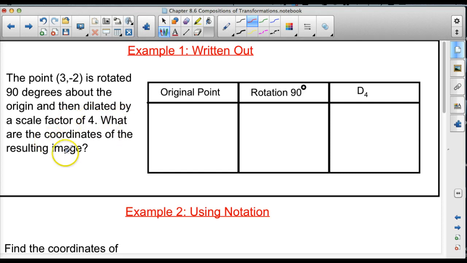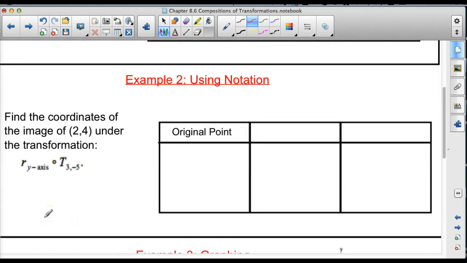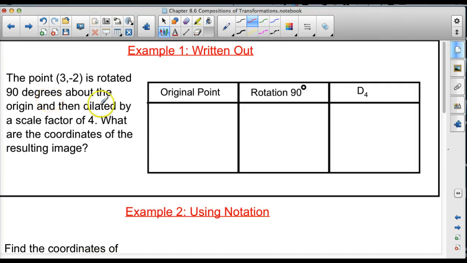What are the coordinates of the resulting image? Here, it told you what to do first: rotate by 90 degrees and then dilate by a scale factor of 4. In some examples, it'll be written out in language for you, and you just follow the language they give you. But down here, that's when you use the right to left. For number 1, they wrote it out, so let's just follow what they said.